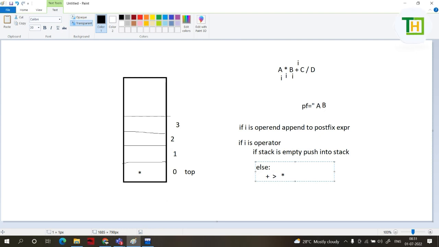Is the precedence of the coming operator greater than the stack top operator? Is the addition precedence greater than star precedence? No. Star has more precedence, plus has a low precedence, right? Precedence rule, BODMAS rule, right? For example, if the coming operator precedence is greater than the top operator.